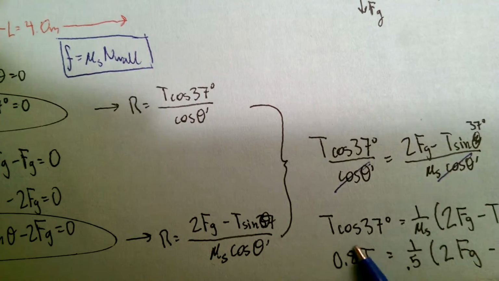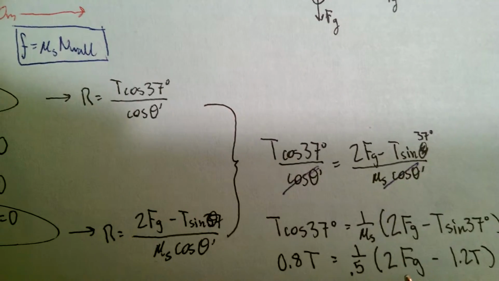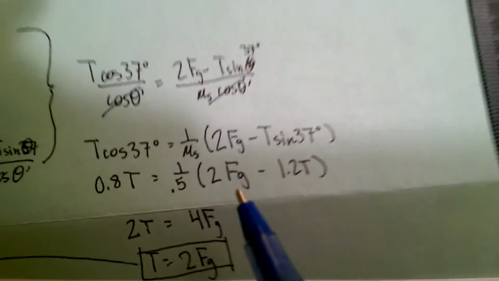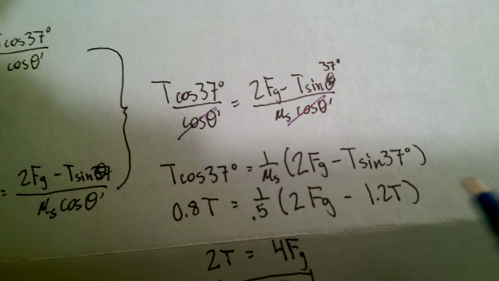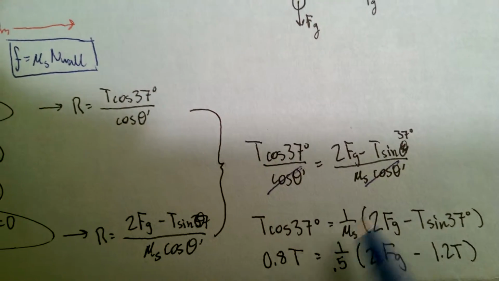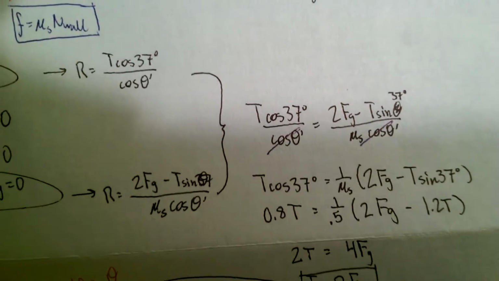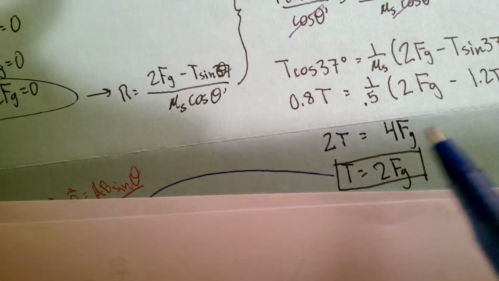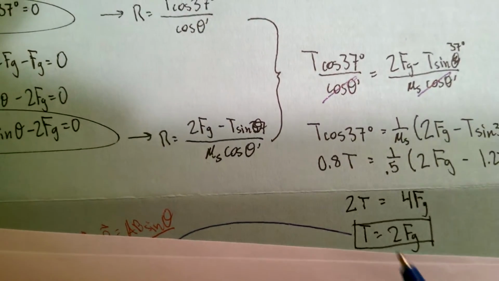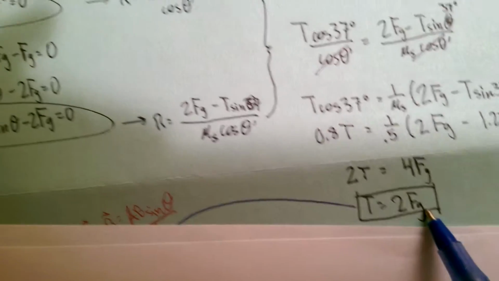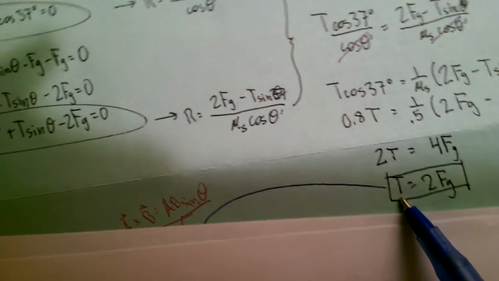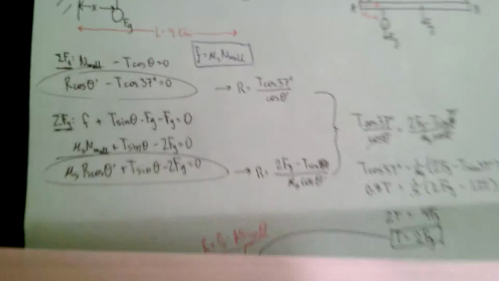So you end up with T cosine theta equals 1 over mu static times 2Fg minus T sine theta. And then just plug in the numbers in your calculator, except for the tension force, because they don't give that to you. And you should end up with 2T equals 4Fg, and then from there you'd find that T equals 2Fg. And this is the force that you're going to be plugging into the torque equation.